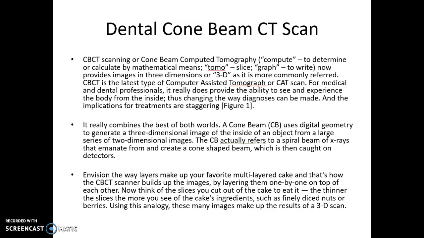You can look at each individual slice, but you're also able to see the slices go together and make one big image. That's what CT scans do. It takes an image in layers, and then the computer takes that data and creates one big image, but those slices, those layers, are still available.